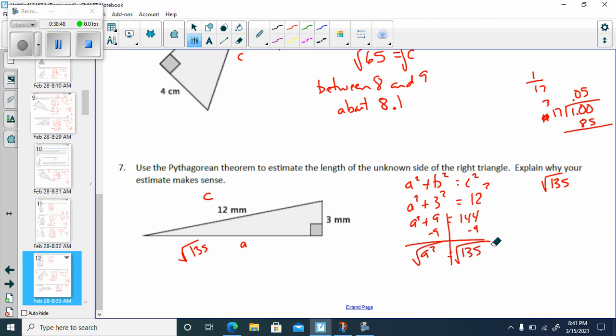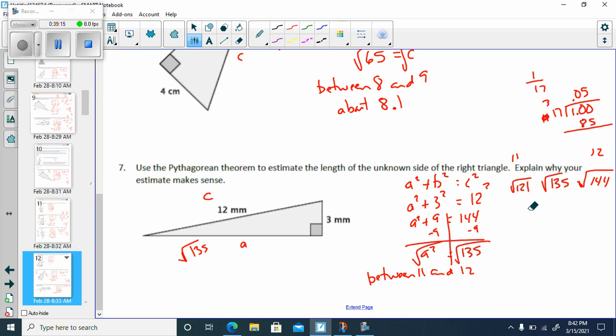Got to figure out what it's between. Well, we know that the square root of 144 is 12, right? We know that the square root of 121 is 11, right? So it's going to be between 11 and 12. And that makes sense because your hypotenuse is 12, so it can't be 12.